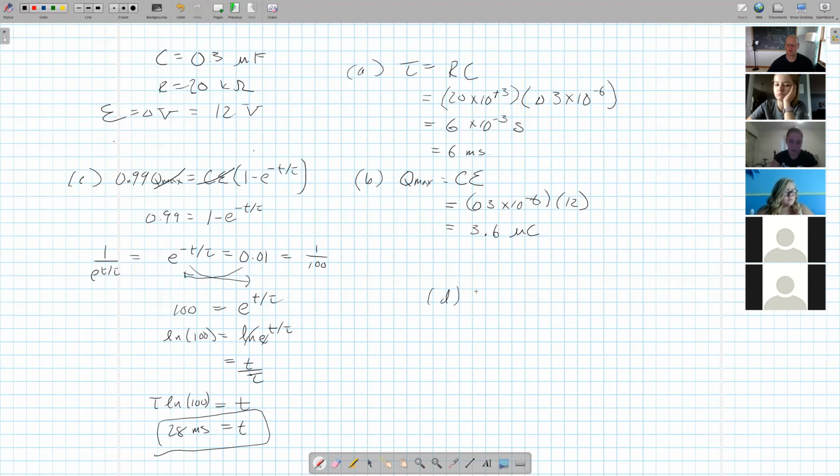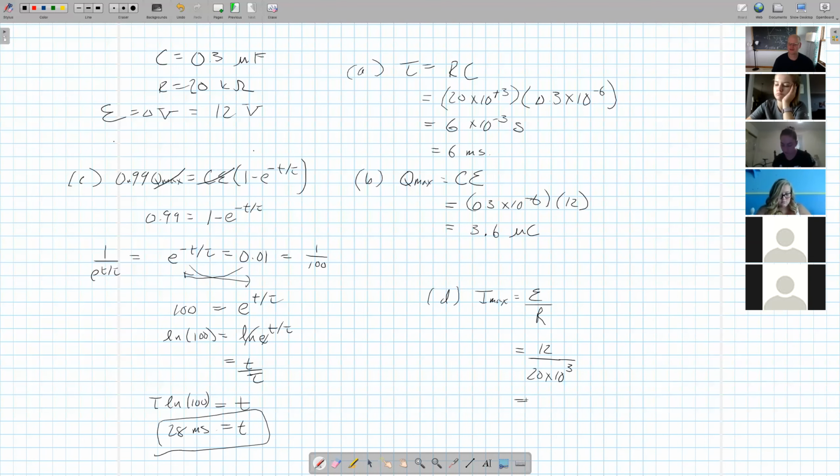Finally, part D. So part D then wants to know, what is the maximum current? Well, again, we know the maximum current is as if the capacitor didn't exist. So the maximum current is just the EMF divided by the resistance. So it's going to be 12 divided by 20 times 10 to the third.